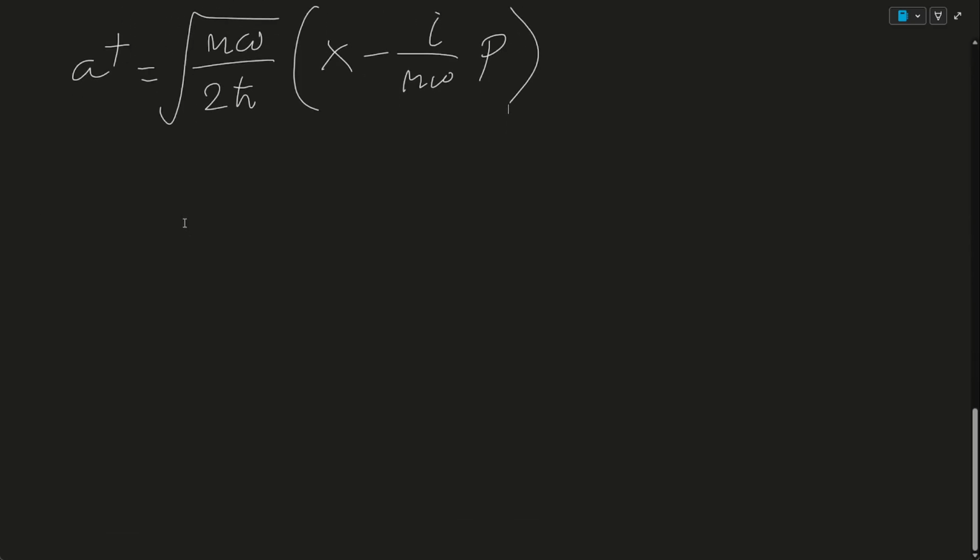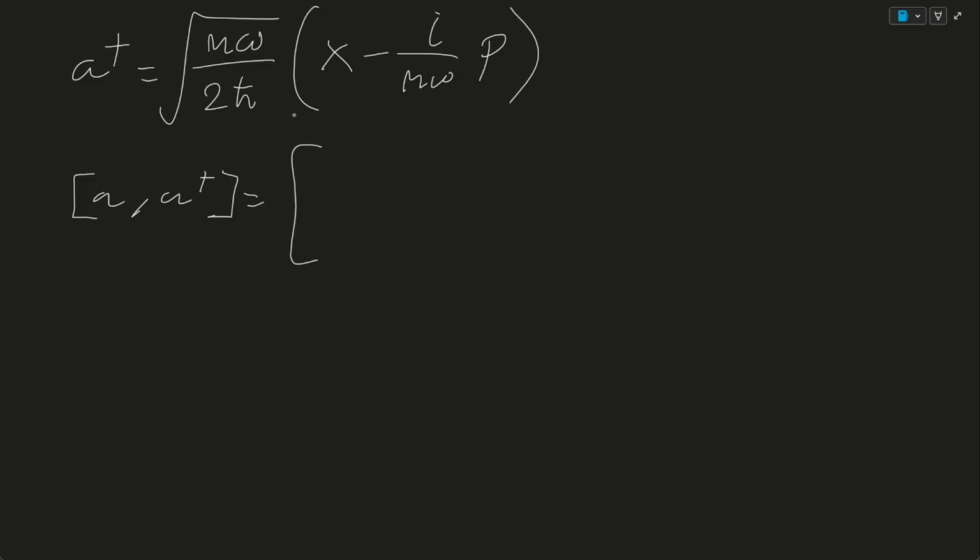And now we ought to derive something useful using the CCR. We're doing operator algebra, so let's just cut to the chase. What is the commutation of A and A dagger?